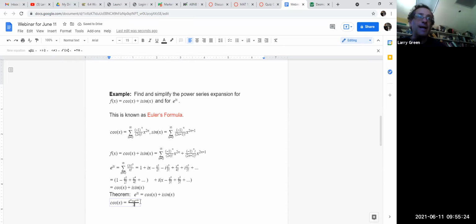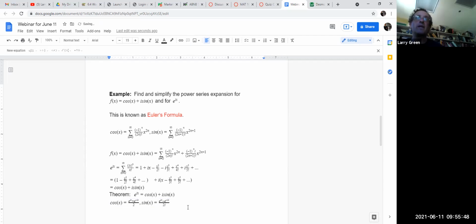And similarly, you can say that the sine of x is e to the ix minus e to the negative ix all over 2i.